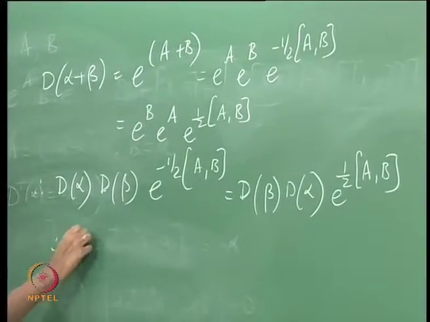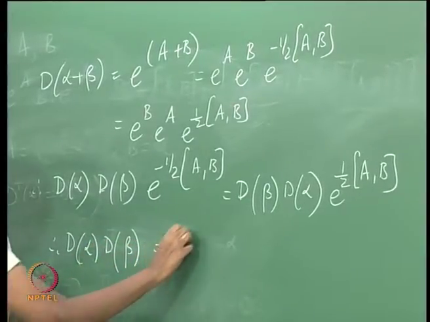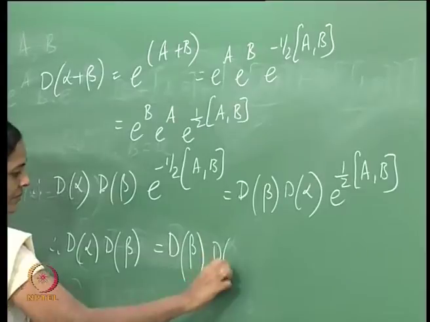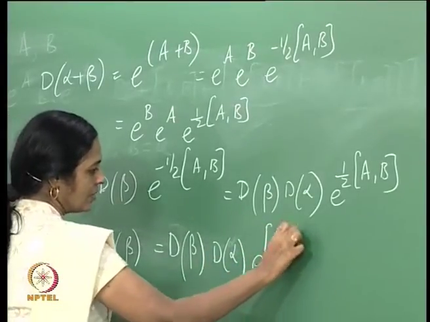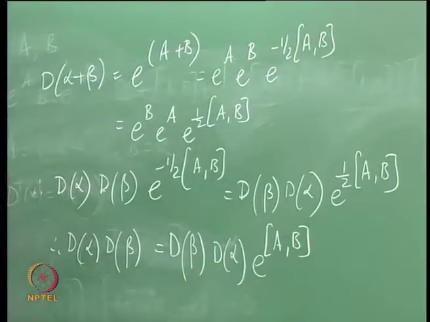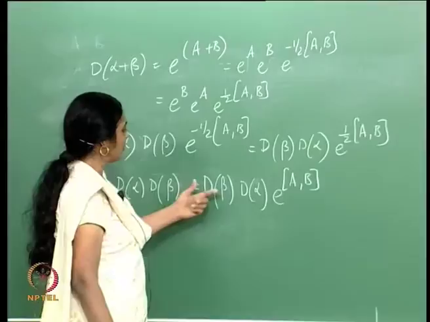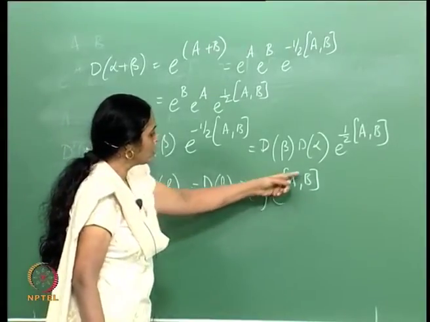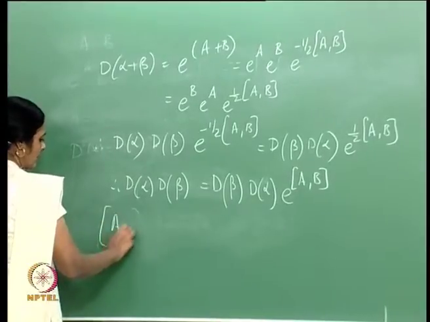Therefore, D of alpha and D of beta do not commute with each other. I have this object as an extra piece. They do not commute, and D of alpha, D of beta is D of beta, D of alpha, e to the commutator of A with B. Now, what is the commutator of A with B in this case?